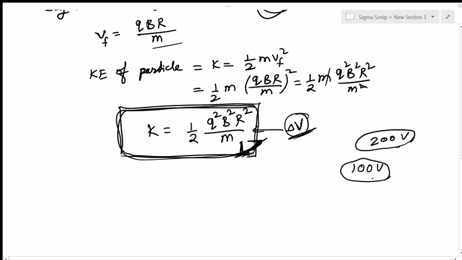What is happening is that when it is 100 volts, the particle crosses the gap many more times than when it's 200 volt. Your final energy is the same. If you give smaller doses, then you have to give many doses. If you are giving bigger doses, then you have to give fewer doses.